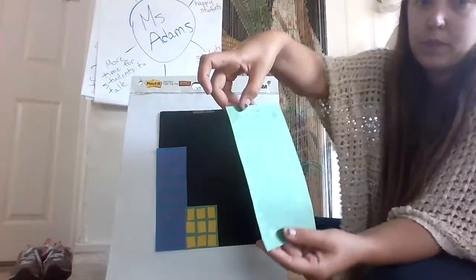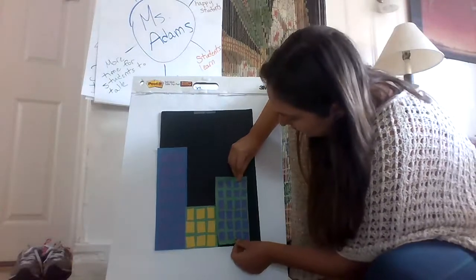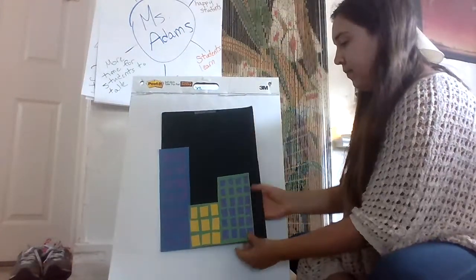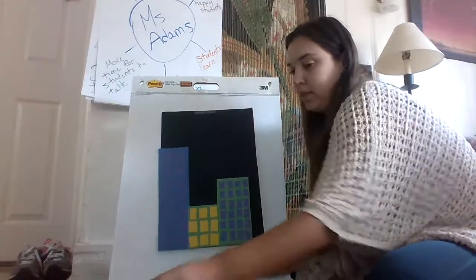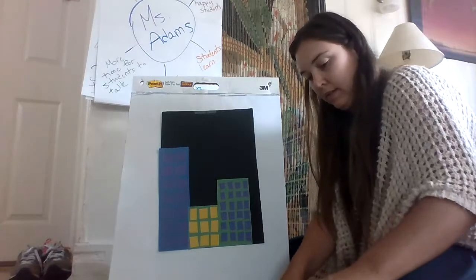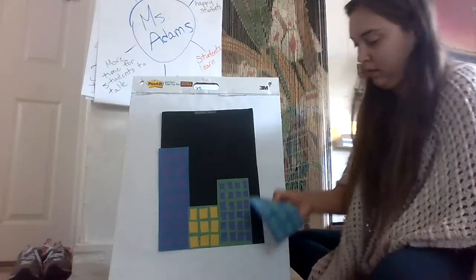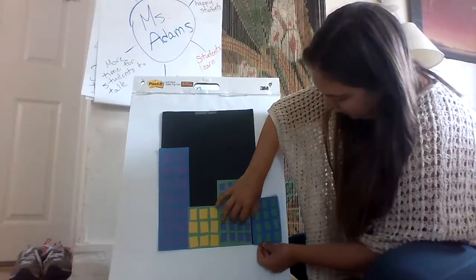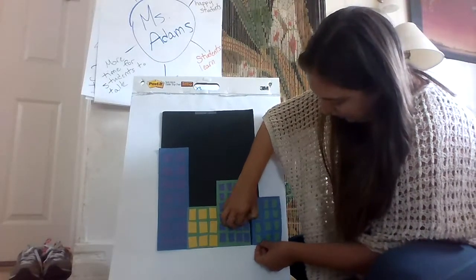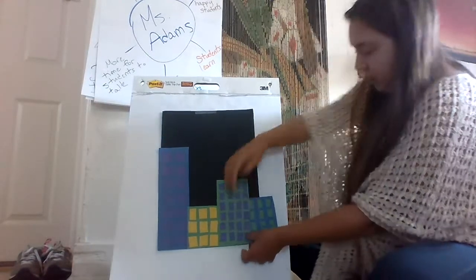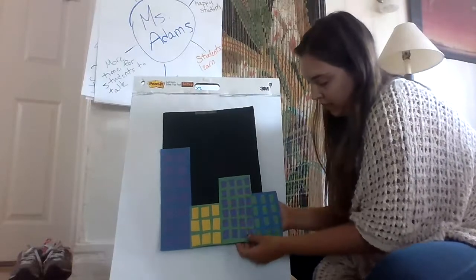So same thing, I just put the glue around the border. Hold that down right there. Press that on. Okay, my last one. Actually, just let it go under this one, I think. And that doesn't perfectly fit on the page, but that's okay.